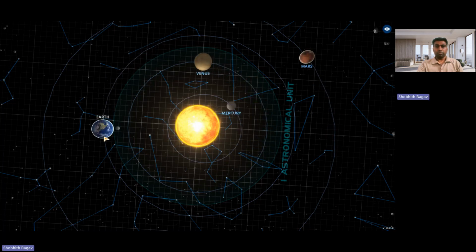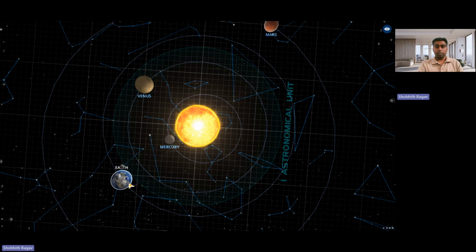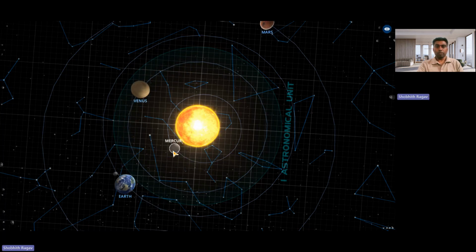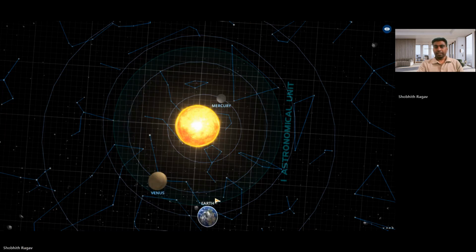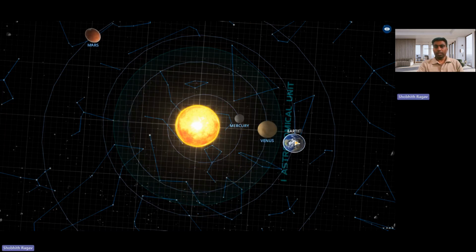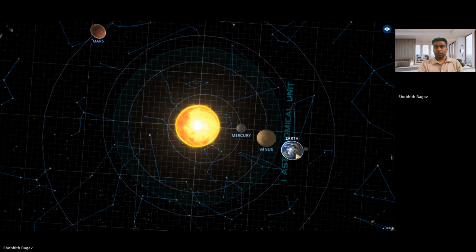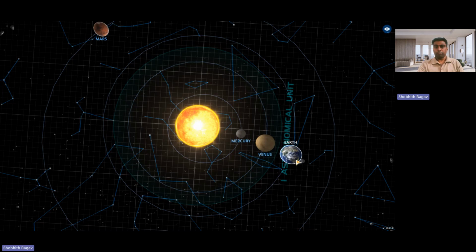And when we move the earth further, here we have another point of retrogression. And as we complete one rotation, again mercury is closer to earth, and this is also a point of retrogression.